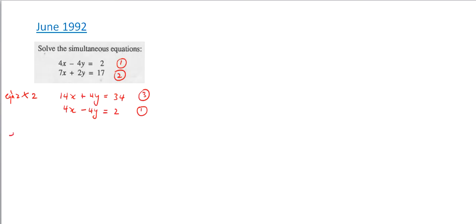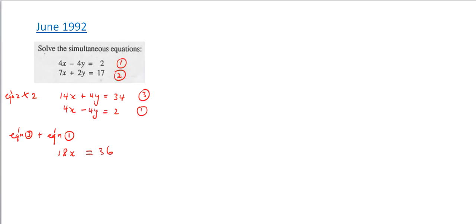So we say equation 3 plus equation 1, and that'll give me 14x plus 4x, which is 18x, and 4y plus minus 4y gives me 0. And then 34 plus 2 gives me 36.